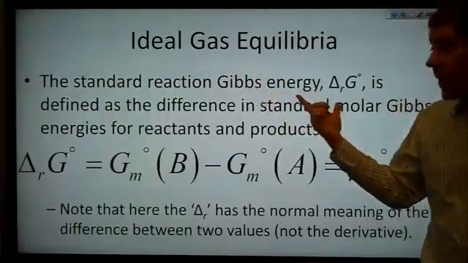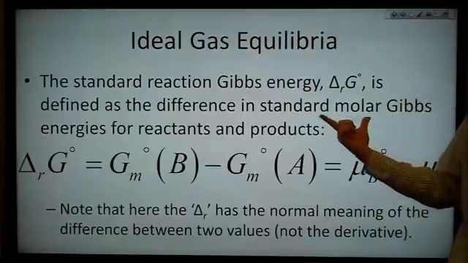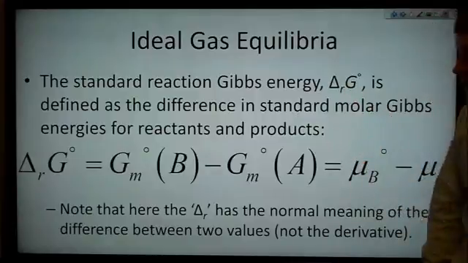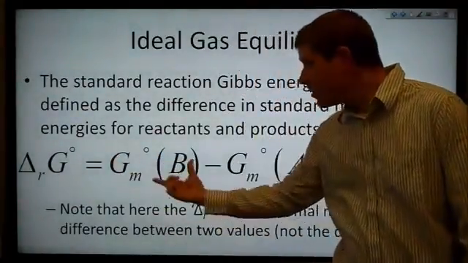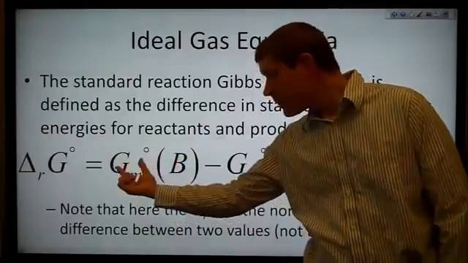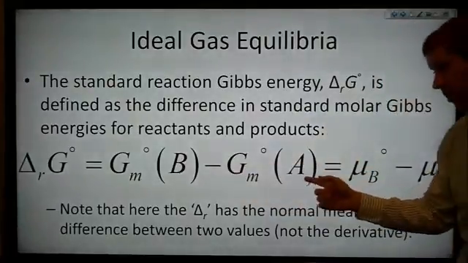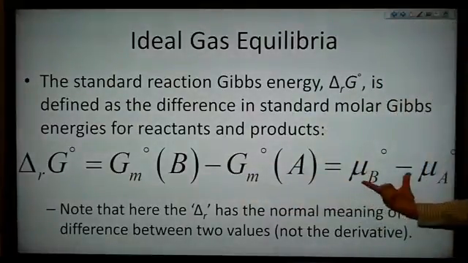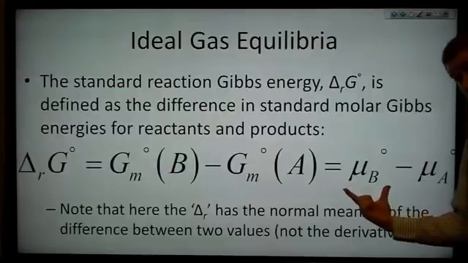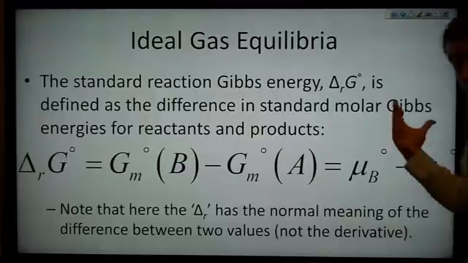The standard reaction Gibbs energy, delta R G naught, is defined as the difference in standard molar Gibbs energies for our reactants and our products. That value is equal to the standard molar Gibbs energy of B minus the standard molar Gibbs energy of A, that's the chemical potential of B when it's pure minus the chemical potential of A when it's pure, again in their standard states.